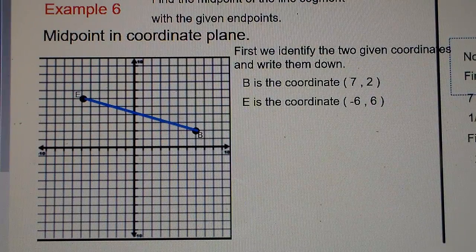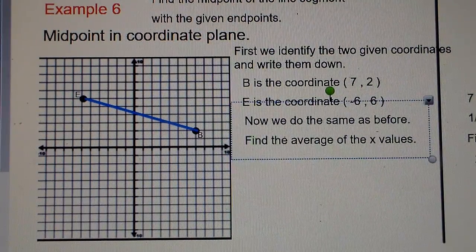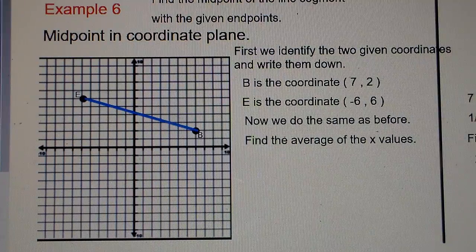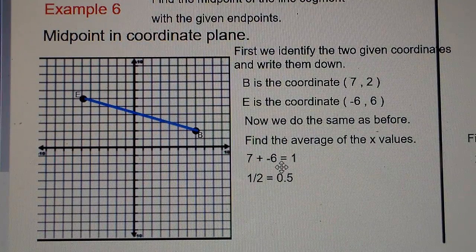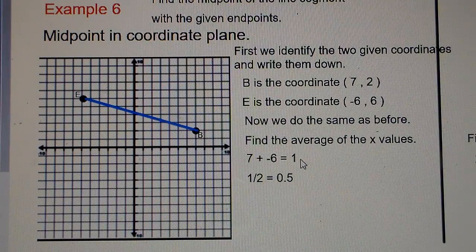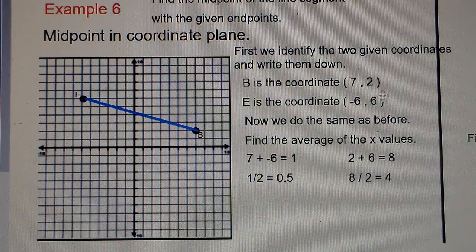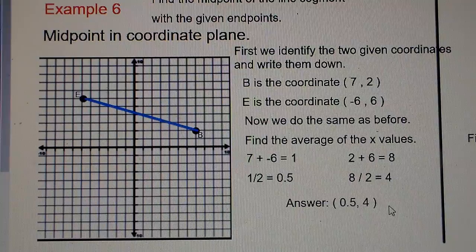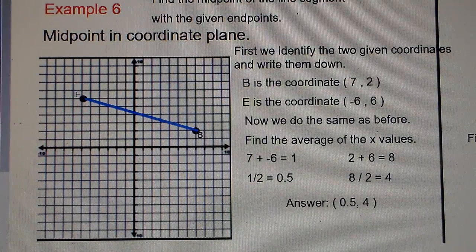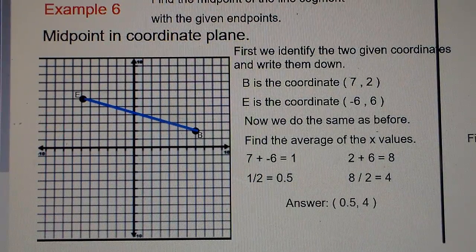We find the average of the x values. So those are my x's. 7 plus -6 equals 1. 1 divided by 2 is 0.5. Then we do the same thing for the y values. 2 plus 6 equals 8. 8 divided by 2 gets you 4. So our answer is 0.5, comma 4.